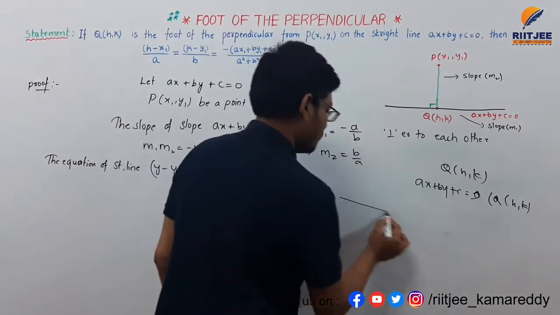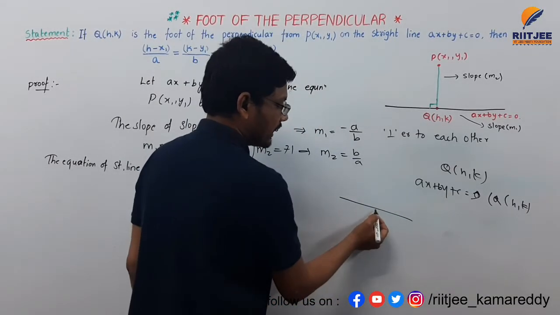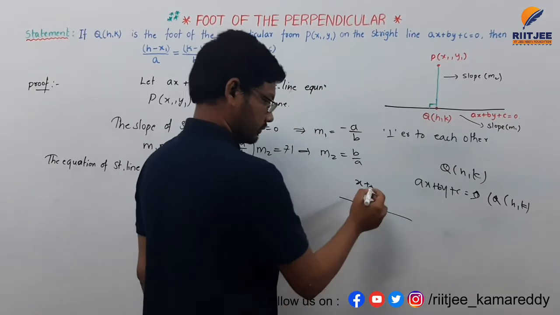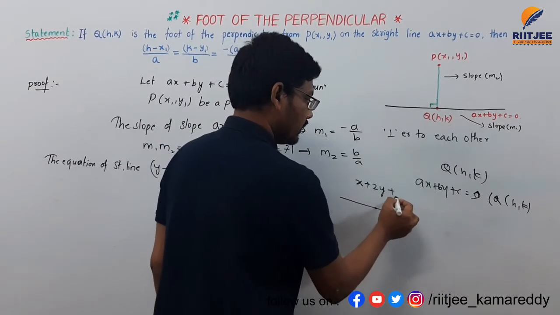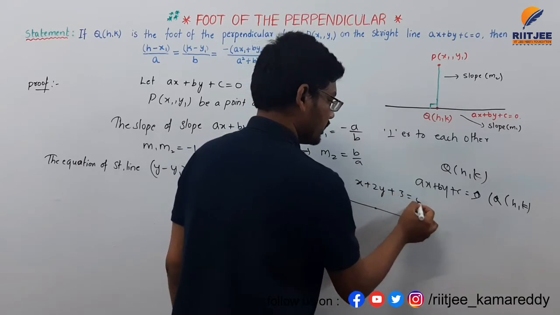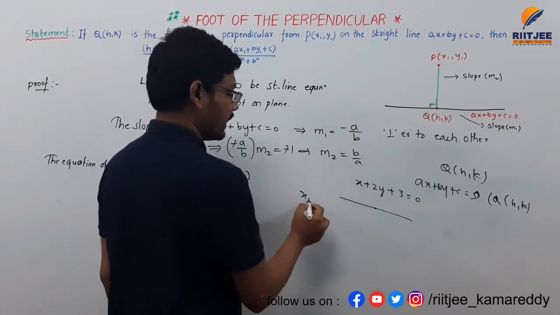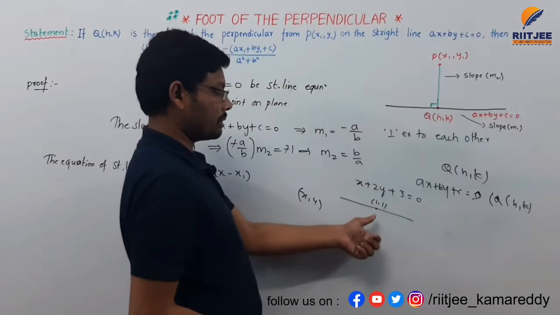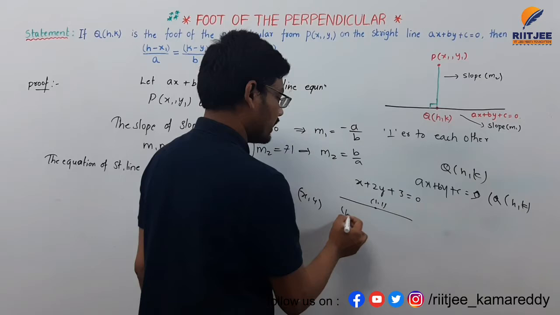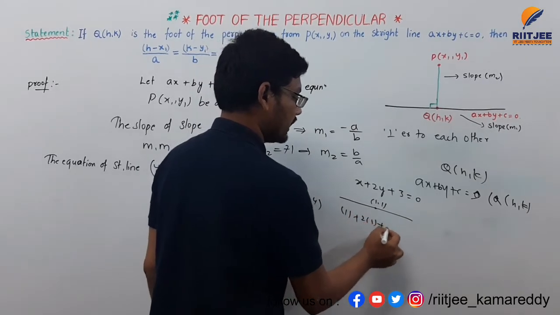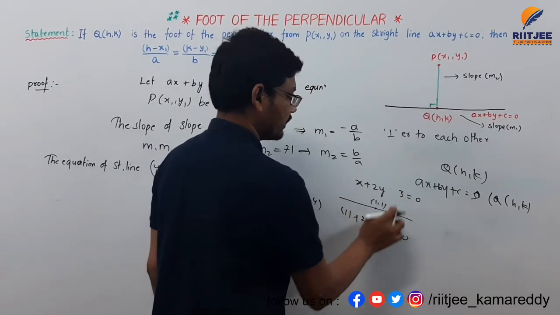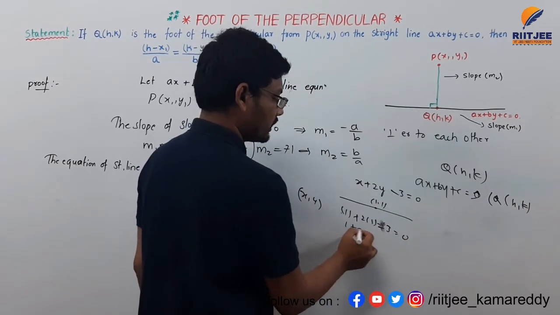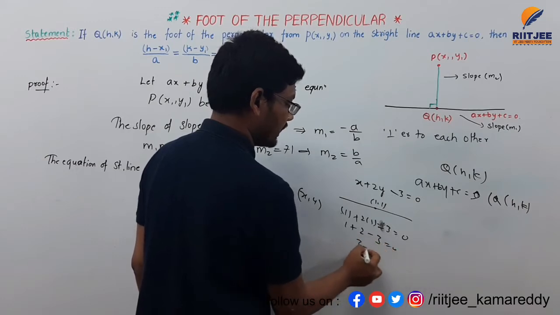For example, simply I am taking this straight line equation x plus 2y plus 3 is equal to 0, when x comma y is equal to the point 1 comma minus 1. If you substitute this point in this straight line, 1 plus 2 into minus 1 plus 3, that is equal to 1 plus minus 2 plus 3, that is equal to 3 minus 3, which is 0.